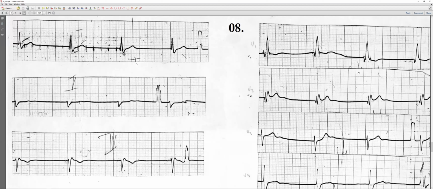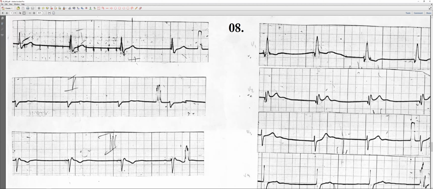It's rhythmic, but there is no P wave. Junctional escape. Yes, junctional escape rhythm. Okay. Go on.